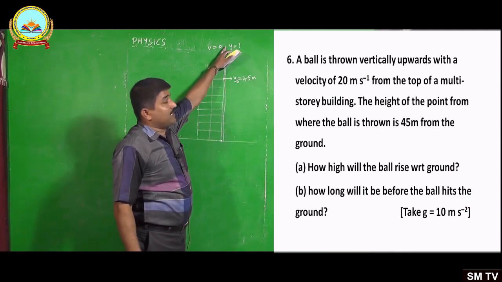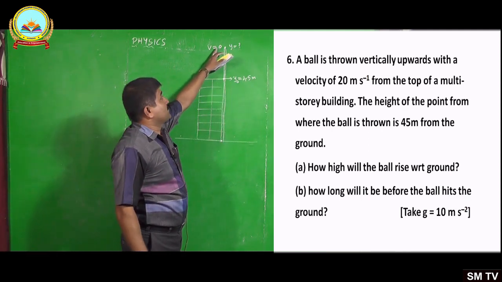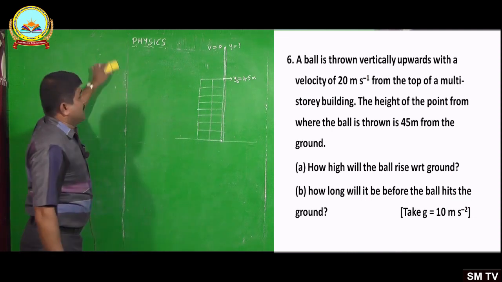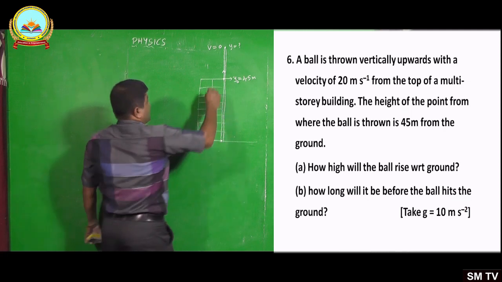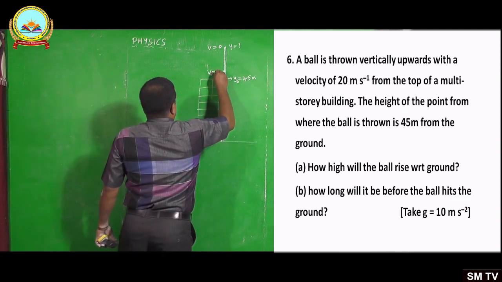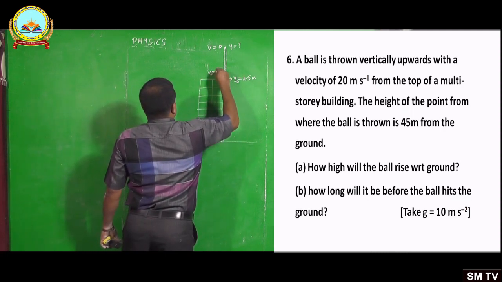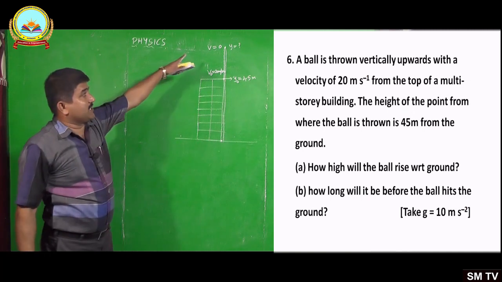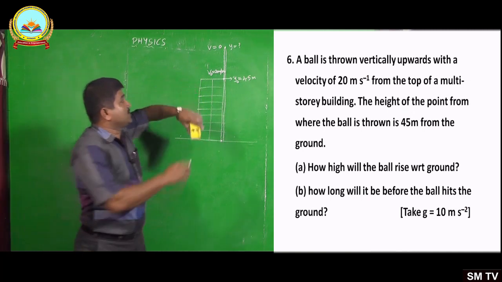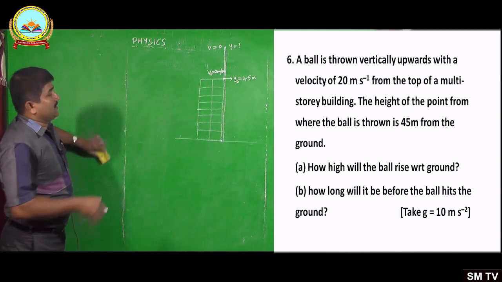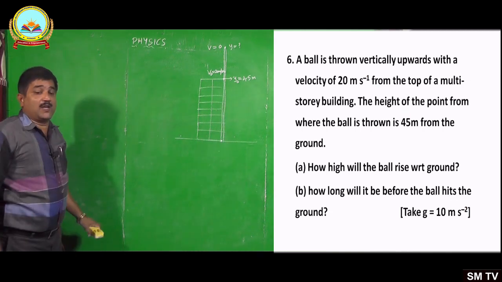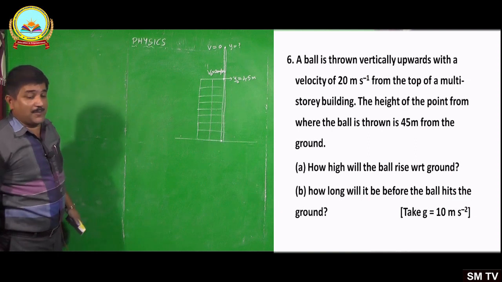Then the initial velocity is given as 20 meter per second, so v0 equals 20 meter per second. We have to find out what height it reaches. Fine. See the data given again. Acceleration, here you have to take a g value of 10 meter per second square.